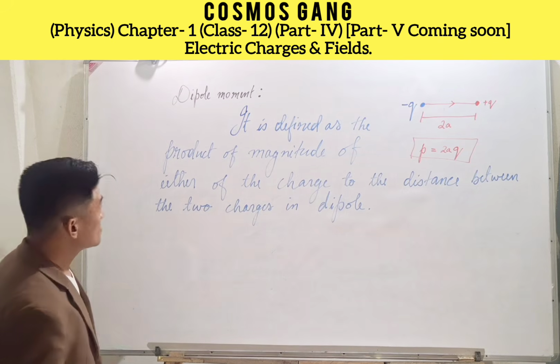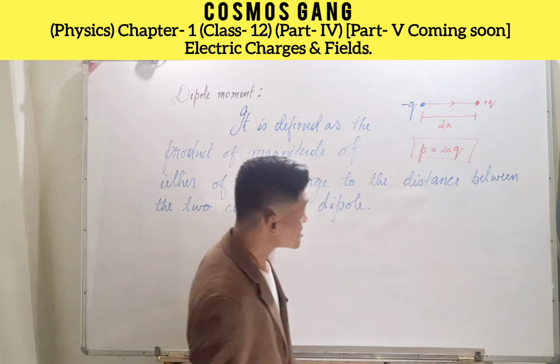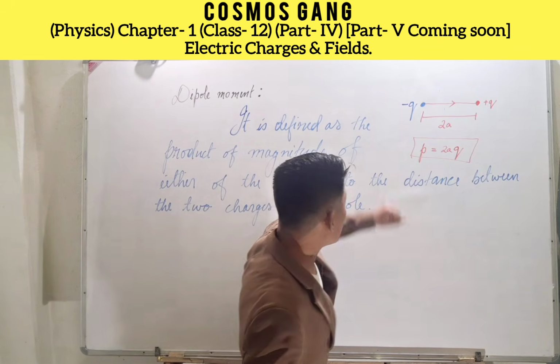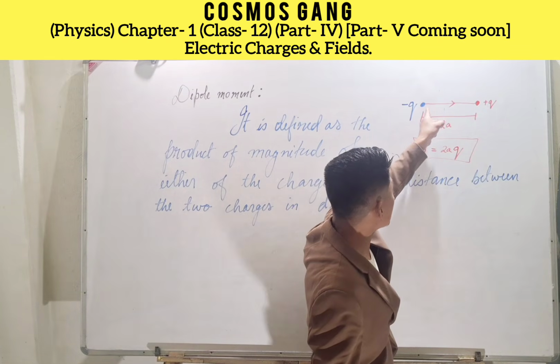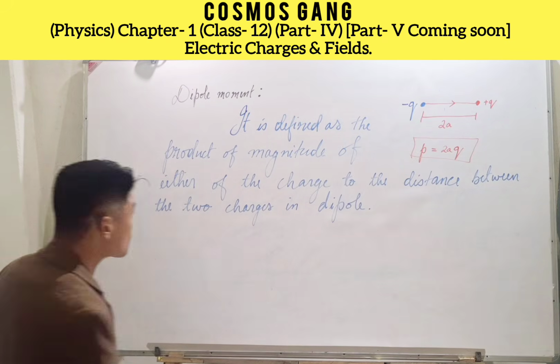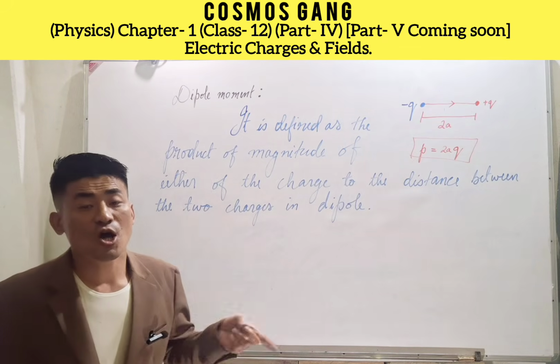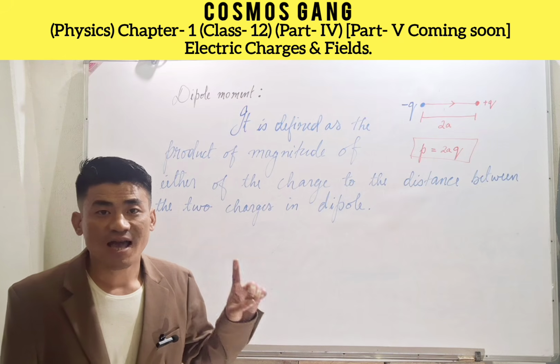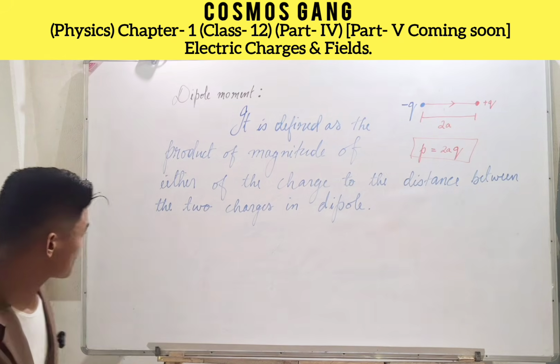Now, as I said, dipole moment is a vector quantity and is always directed from negative to positive charge in a dipole. That means it is opposite to the direction of electric fields.